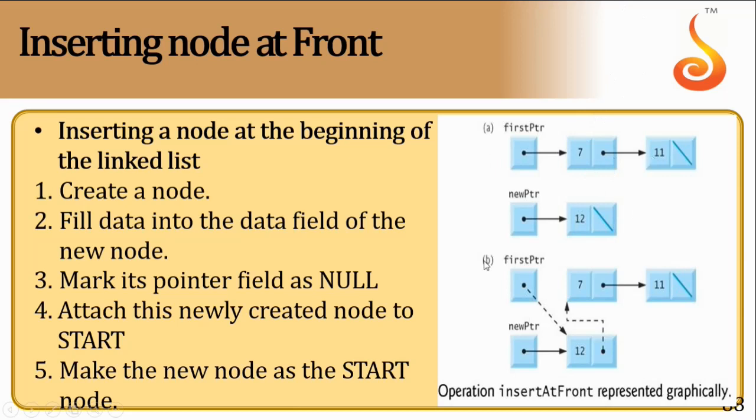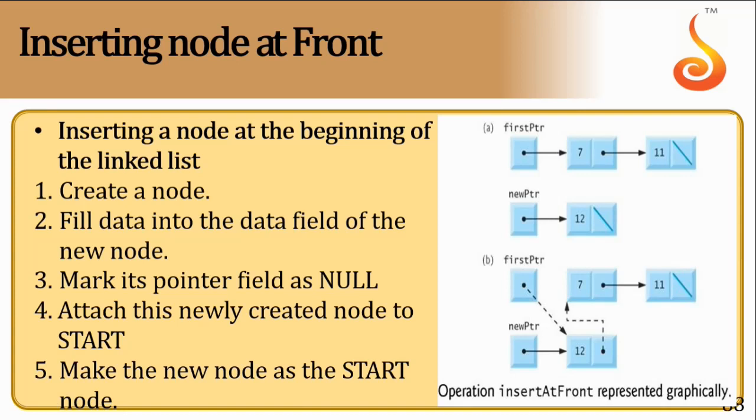Create a node, fill the data. Yes, I created a node here. I will fill the data field in the new node. That is, data field 12 is filled. Mark its pointer field as null. Yes, I have marked the pointer field as null. Attach this newly created node to the start. Start is nothing but the first pointer, and make the new node the start.